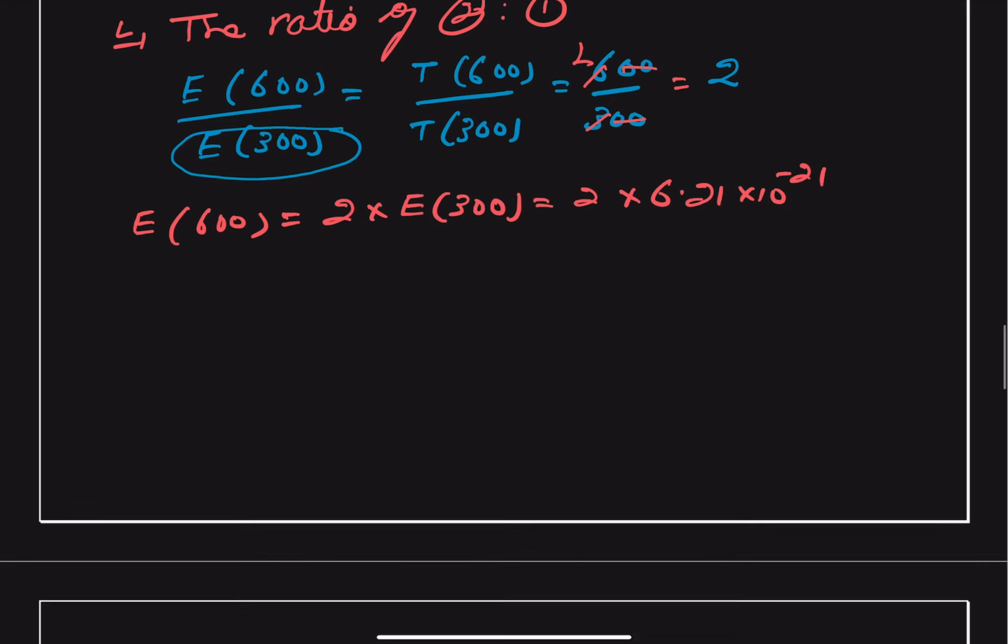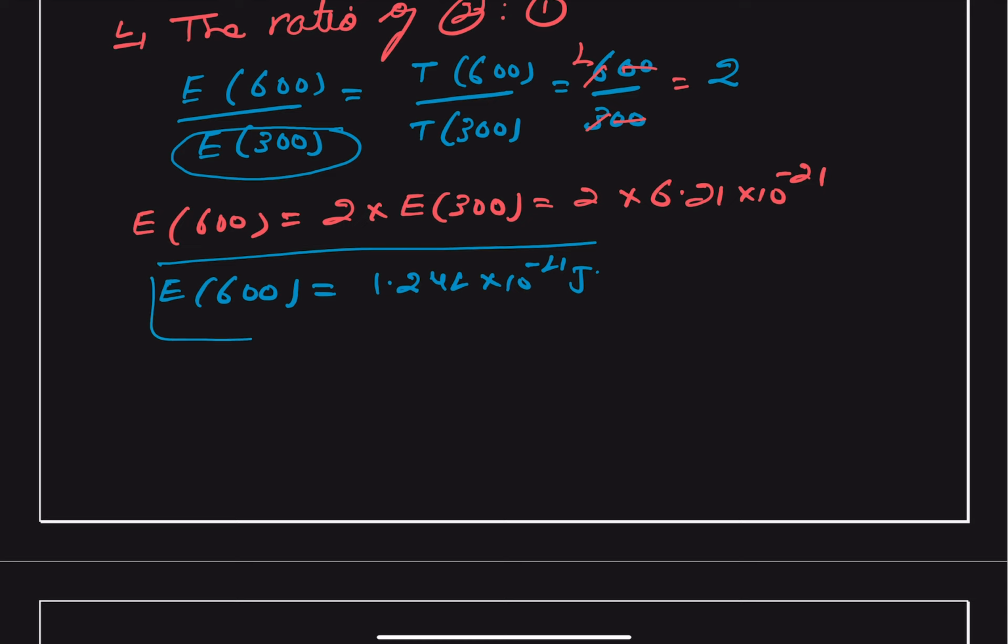So energy at 600 is equal to 1.242 into 10 raised to the power minus 21 joules.